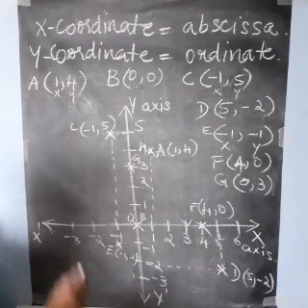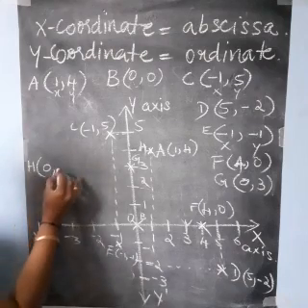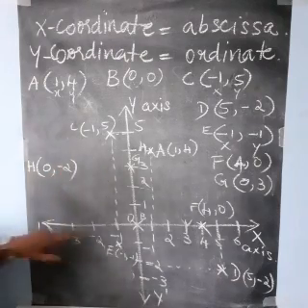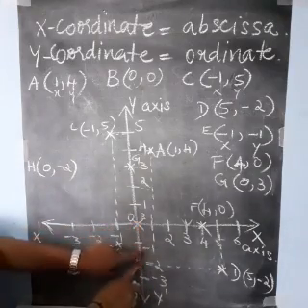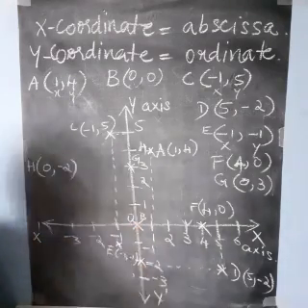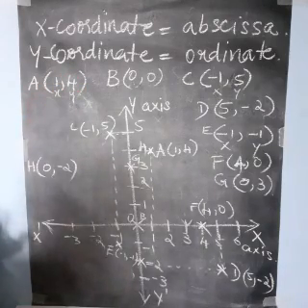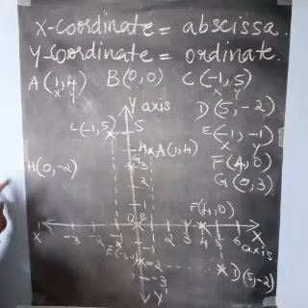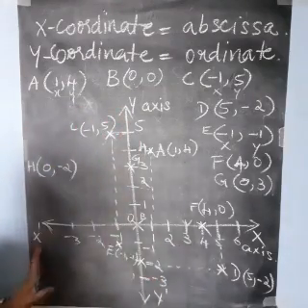Supposing you want to mark H of 0, minus 2. Now 0 is my x coordinate, y coordinate is minus 2, so the meeting point will be here. Have you understood? So this is how we will mark points on the Cartesian plane using the x-axis and the y-axis. Are we okay with this?